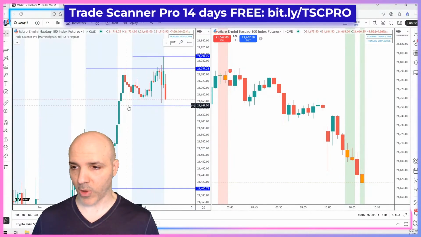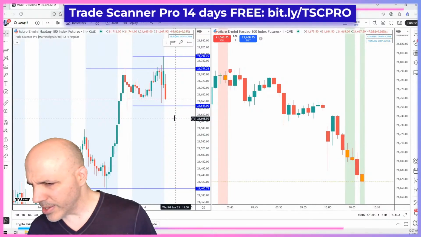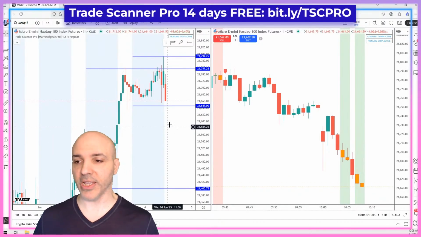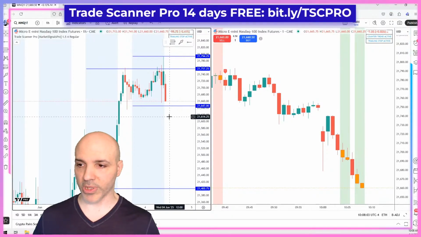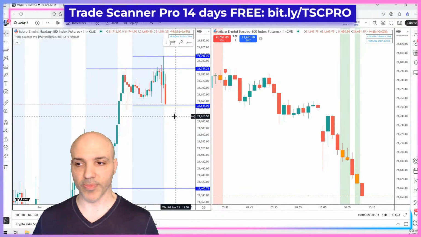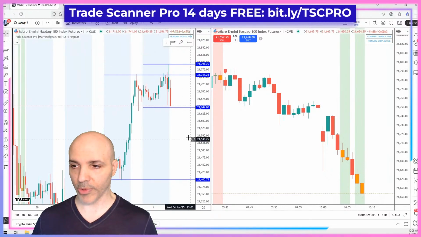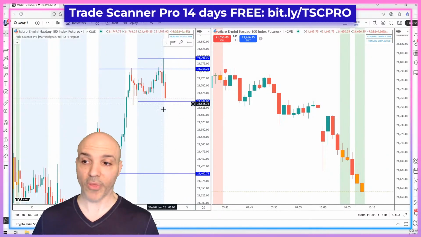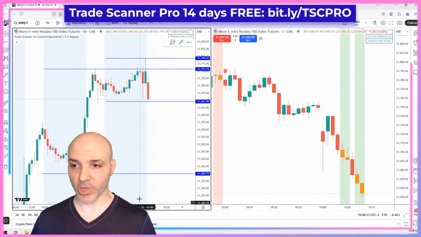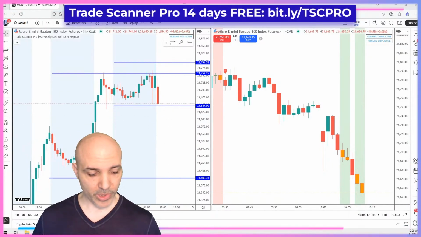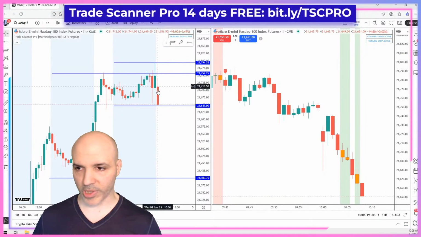If we break below this area right here, what is that? It's basically 650. If we blow below 650 and we can't find support there, then I'm done with longs. I will not take any longs. I will then lean to the short side. Right now this thing is looking pretty weak, right? It's looking like a short, but I'm not going to jump in now. I'm not going to chase it.